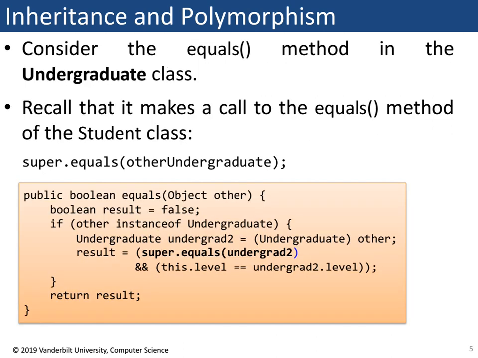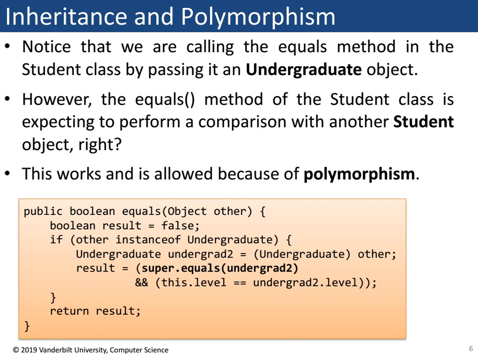We already made use of this a little bit when we were overriding the equals method, if you remember. We said that this code right here is a little bit weird when we call super.equals and then pass it undergrad. What we are doing is passing the student equals method an undergrad object. However, if you remember, inside of the student class, the first thing that we're going to do is check to see if the object that was passed in is an instance of type student.